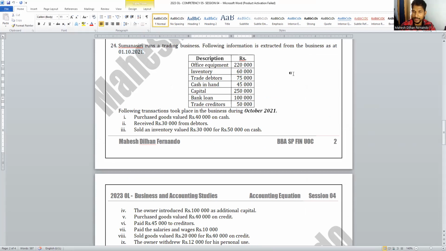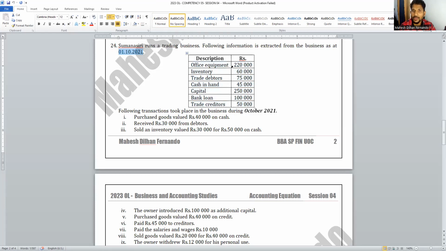Why? Because in this business, we have some balances already existing. You have been given these types of balances, and these are the balances in the beginning. They have been extracted as at 1st of October 2021.